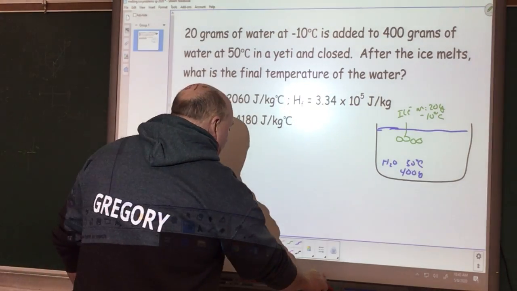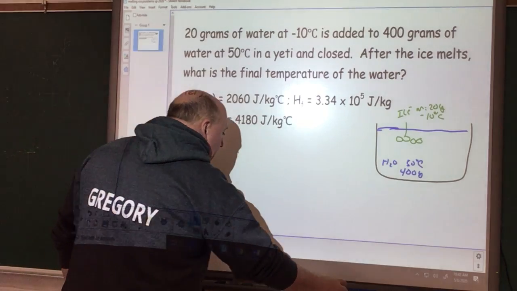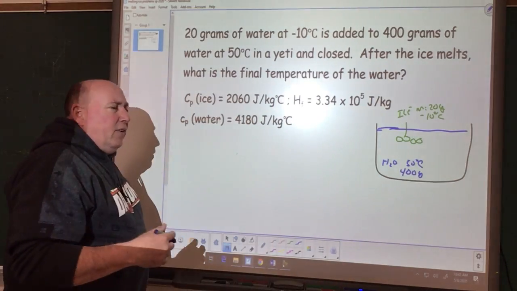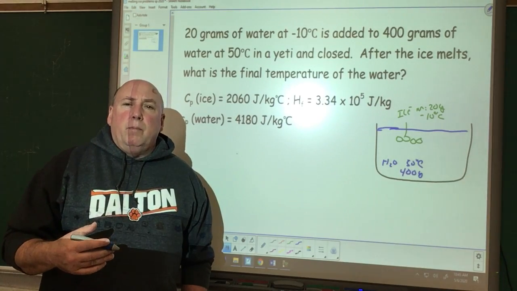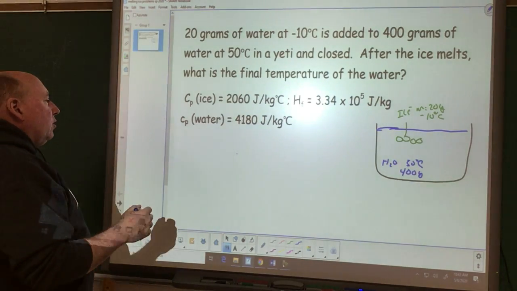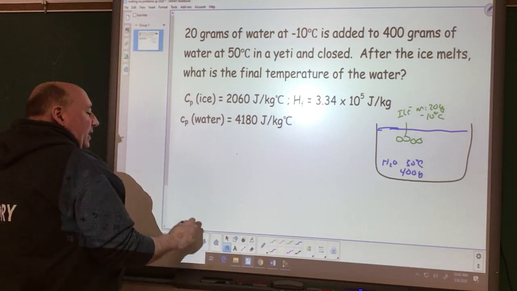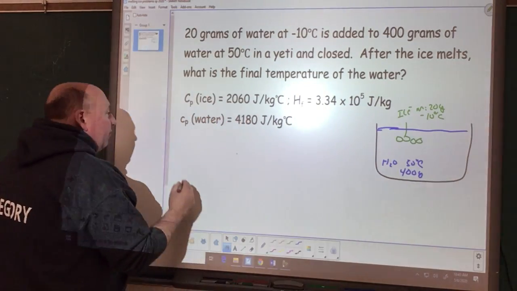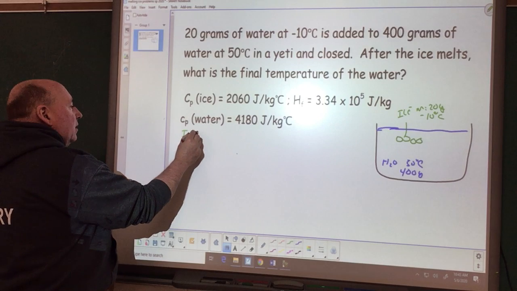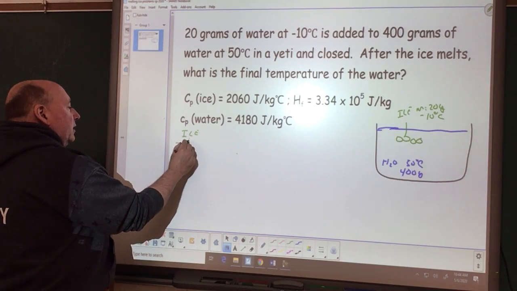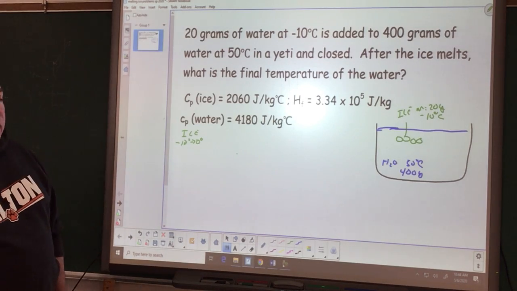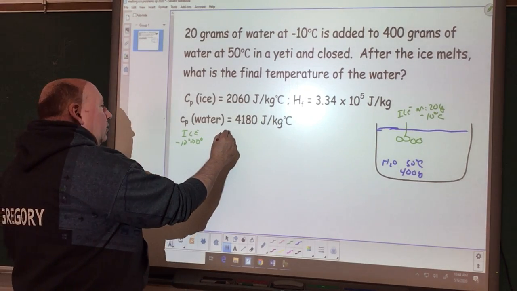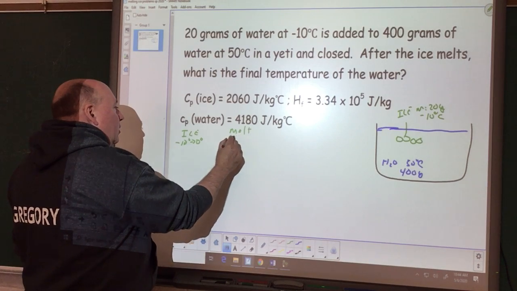Now, when we're dealing with this, we have to take phases and we have to put the ice through phases, because the ice is eventually going to melt. So what we have to do first is take the ice from negative 10 degrees Celsius to 0 degrees Celsius. And then we have to melt, which is fusion.